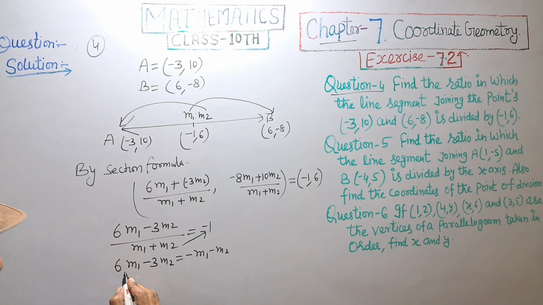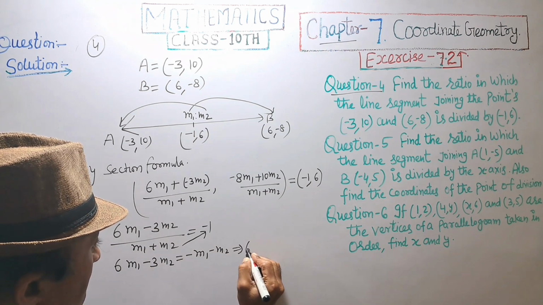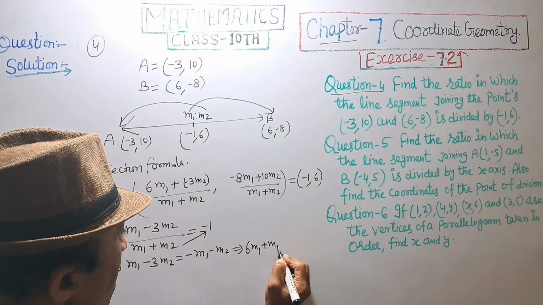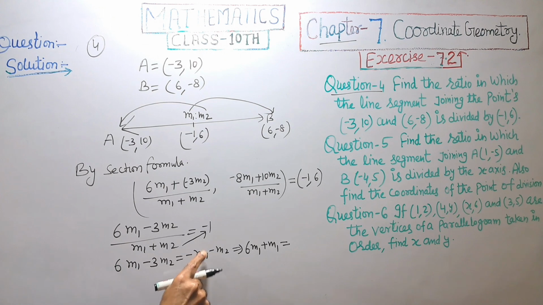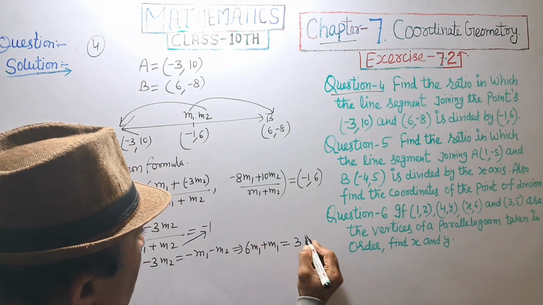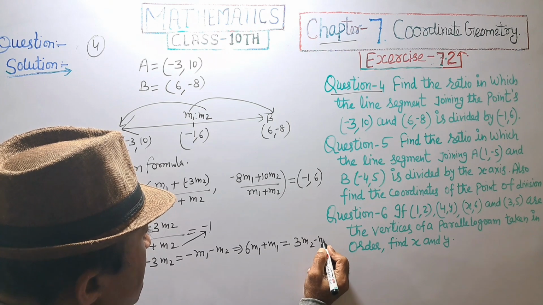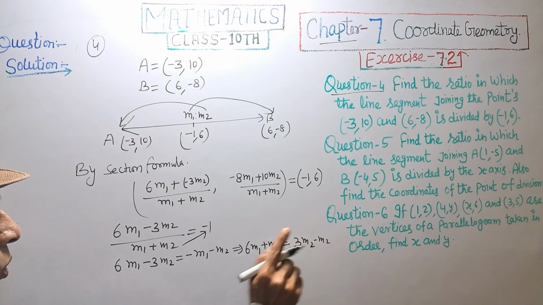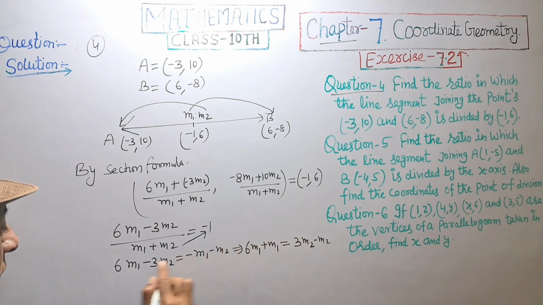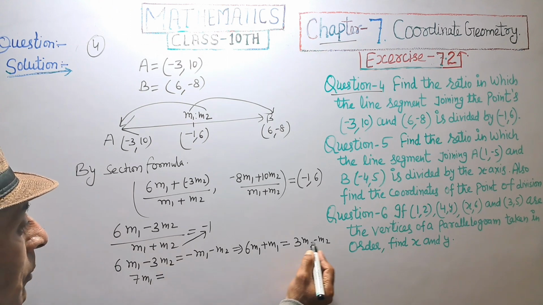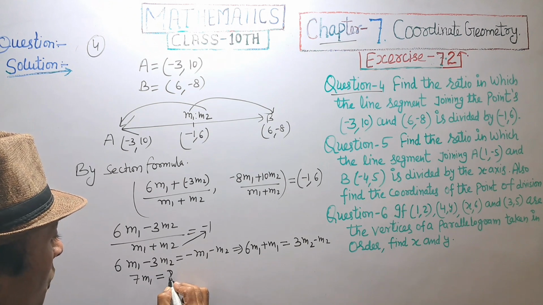Shifting M1 to the left side, this implies 6 M1 plus M1 is equal to, shifting M2 to the right side, 3 M2 minus M2. 6 M1 plus M1 is 7 M1, and 3 M2 minus M2 is 2 M2.